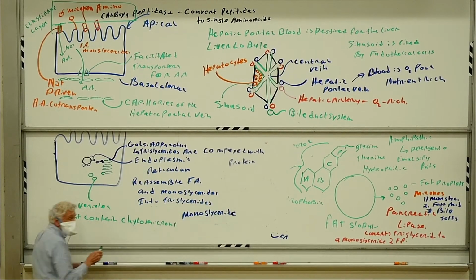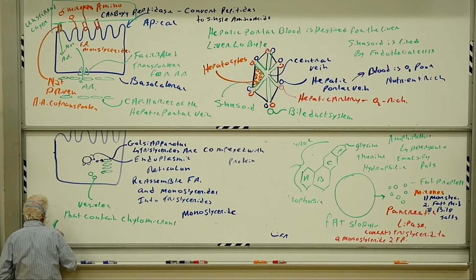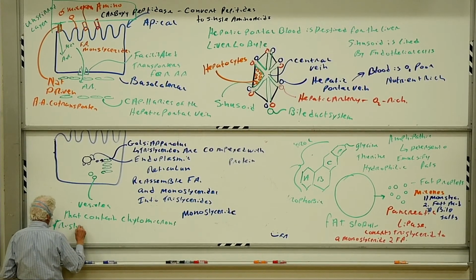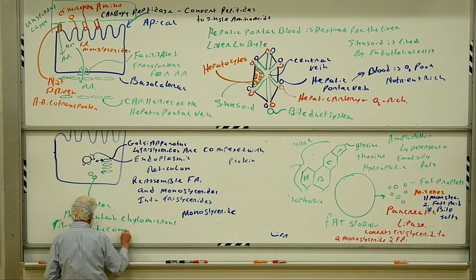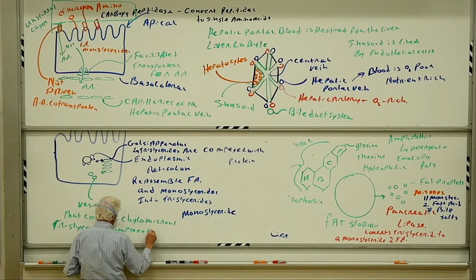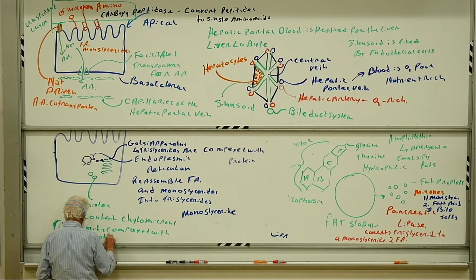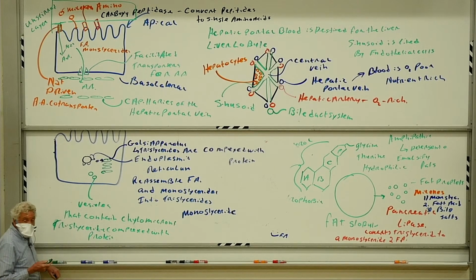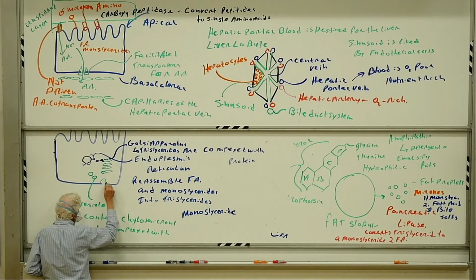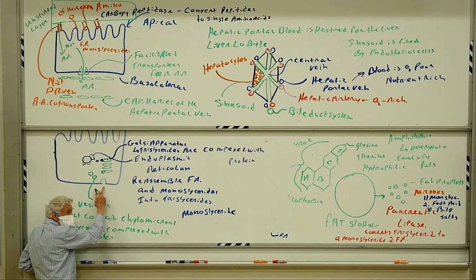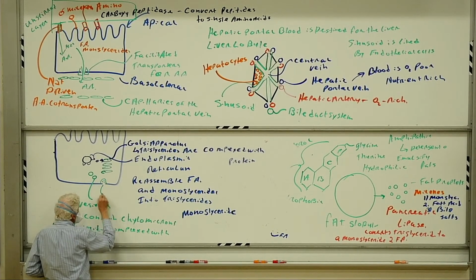Now, the chylomicrons are nothing more than triglycerides complexed with protein. These are pretty big vesicles, but just like we've seen before, by exocytosis they will fuse to the basolateral surface of the membrane, and they will release these chylomicrons.